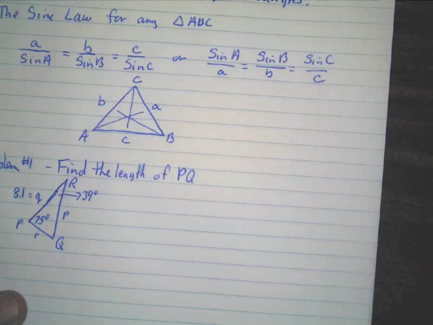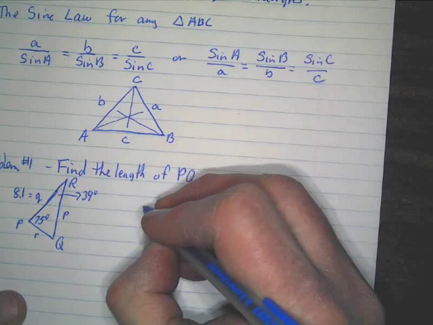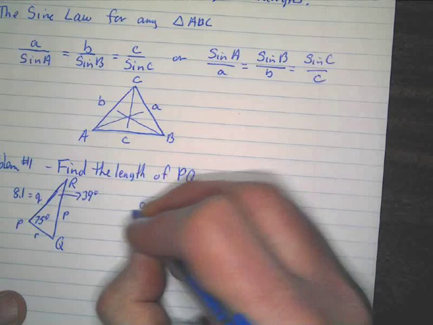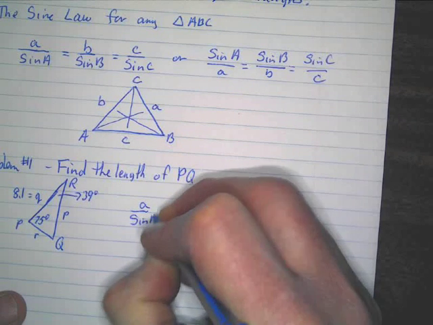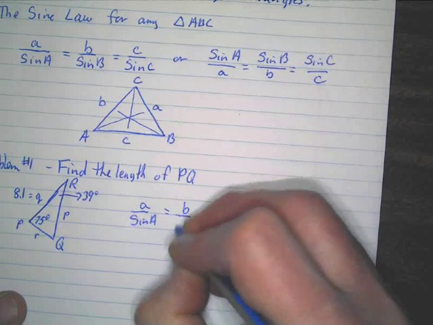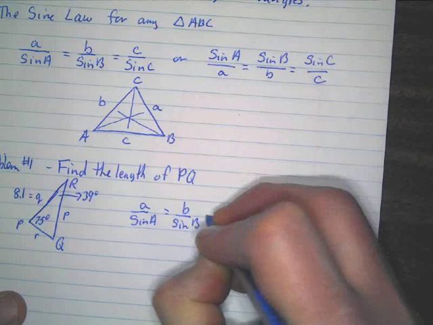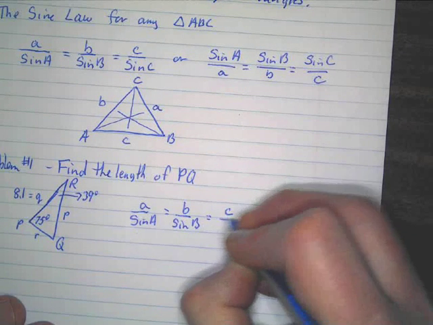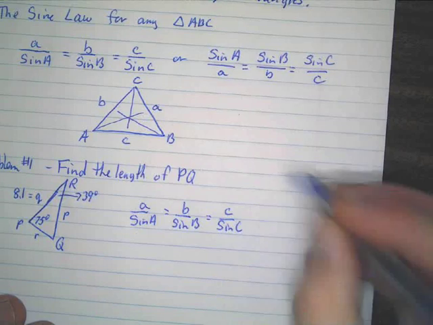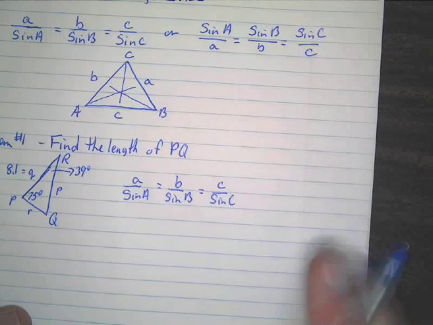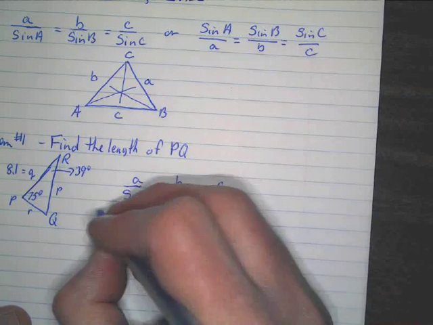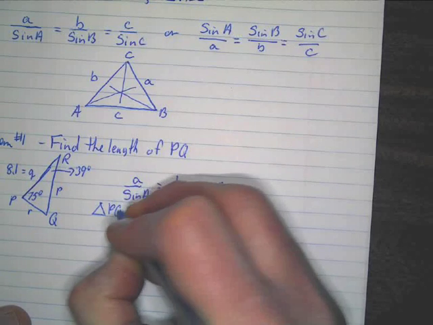So once again, we will identify which one we're going to use. So I have a over sine A is equal to b over sine B, which is equal to c over sine C. Now I'm going to replace my triangle. It is dealing with triangle PQR.